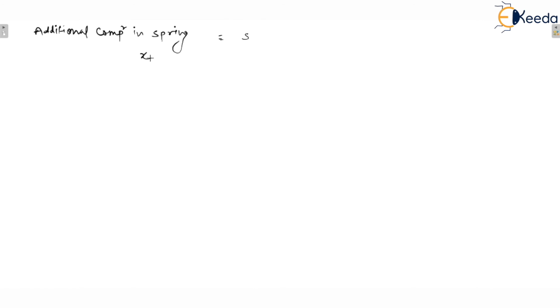You can write this as x2 minus x1, which is also equal to b (r2 minus r1) upon a. Okay, yes or no?